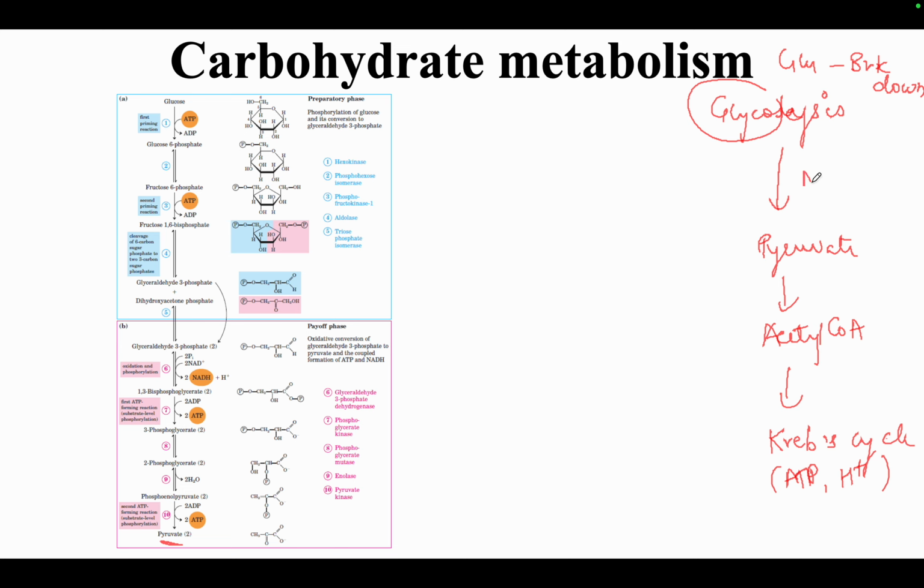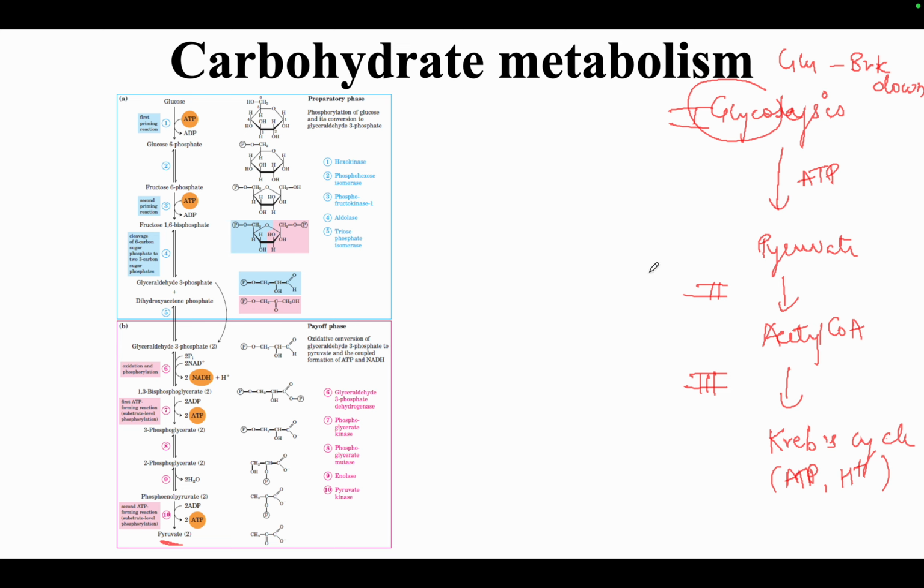Even in glycolysis we get ATP. So this is the general theme of carbohydrate metabolism: the first step is glycolysis, the second step is pyruvate getting converted to acetyl CoA, and the third step is the Krebs cycle, where acetyl CoA goes.